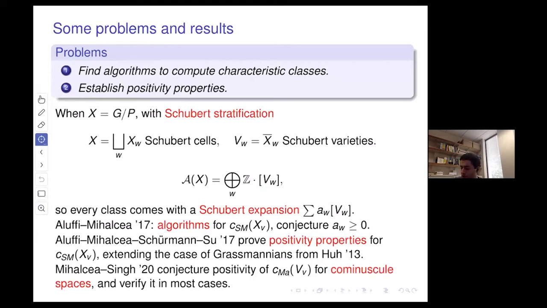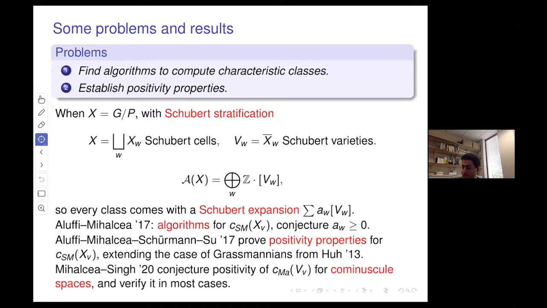And so, for instance, some results in this direction are by Aluffi and Mihalcea. They provide some algorithms to compute CSM classes of the Schubert cells, and then they conjecture positivity. This was known in the case of the classical Grassmannian by some earlier work of Huh, and then again recently Aluffi, Mihalcea, Schürmann, and Su proved that for the Schubert cells, these coefficients are non-negative in the case where you look at CSM classes.